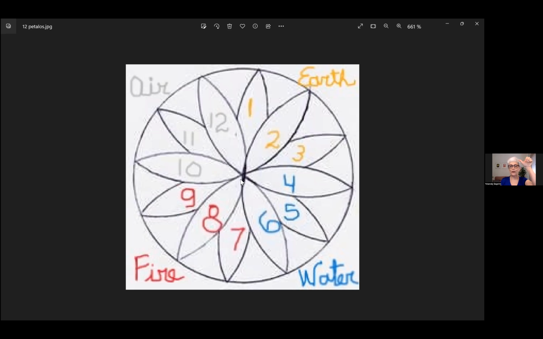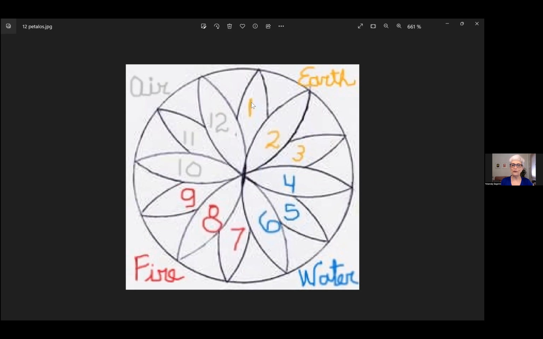You would ask, where is ether? Ether is in the middle because ether includes the other four. It is the fifth element that includes the others within. So each one of the petals refers to one specific characteristic of each one of the elements.